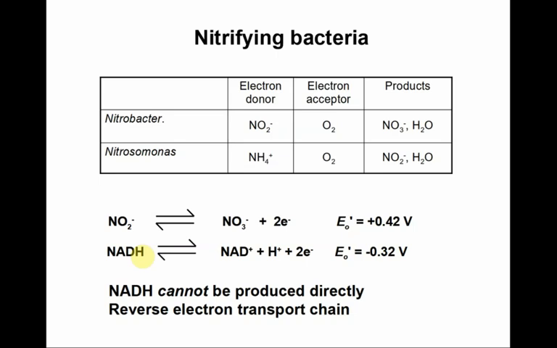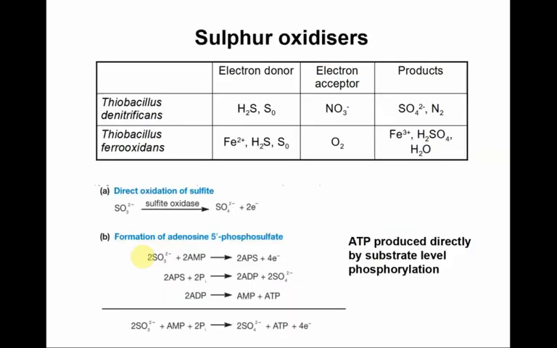So if you've got a big proton gradient, your electrical potential will be higher than the electrical potential that you need to push this reaction forward. Just in physical chemical terms, you can get it to work because you've produced a proton gradient, and this gives you an electrical potential which allows you to push this redox reaction in the wrong way. Right, so that's nitrogen oxidizers.